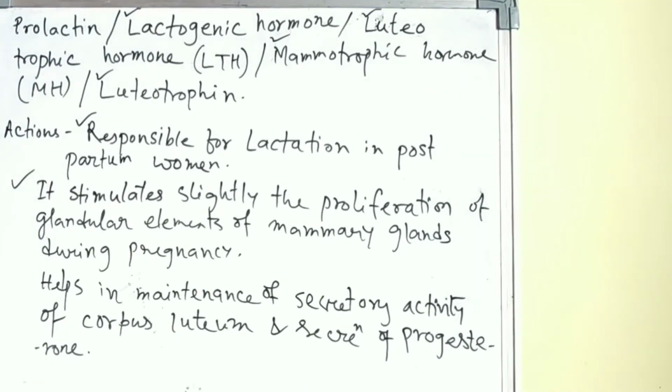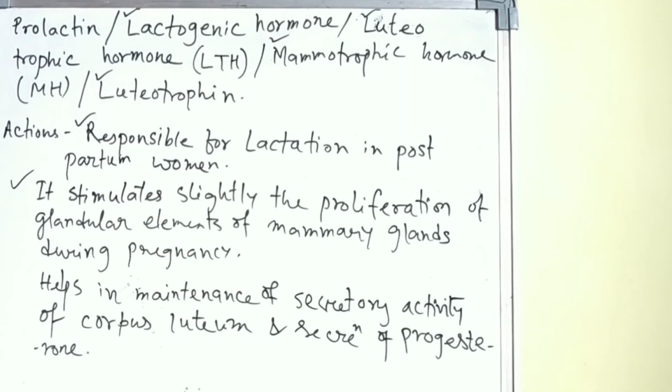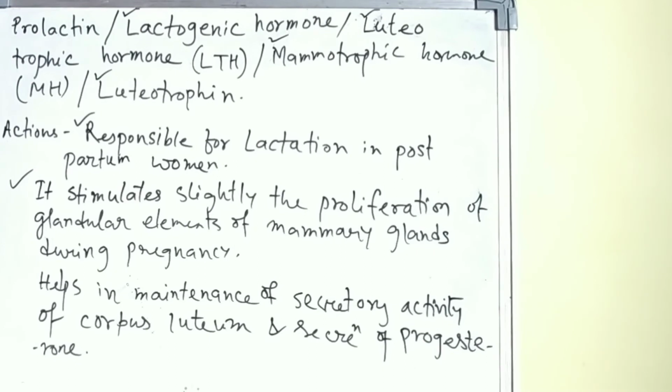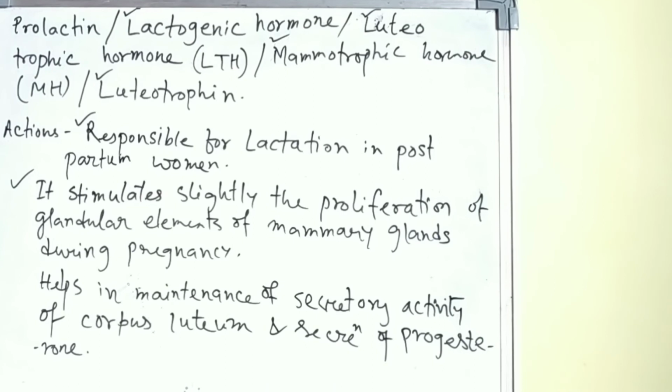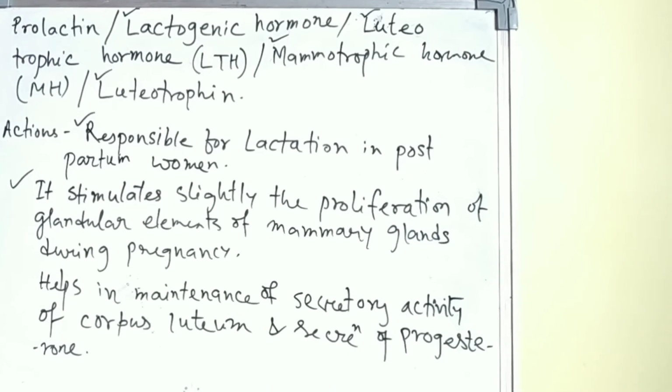Number 2, it slightly stimulates the proliferation of the glandular elements of the mammary glands during pregnancy, and thus helps to complete the development of the breasts. Generally prolactin helps in initiating lactogenesis rather than maintaining the milk secretion. Growth or somatotrophic and thyroid hormones help in the maintenance of the secretion of milk.